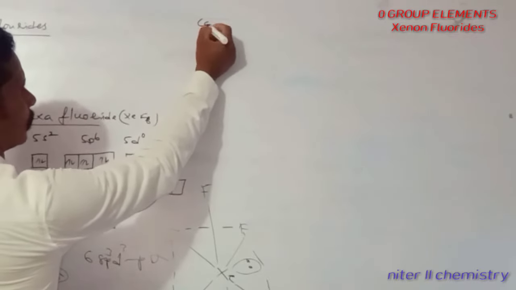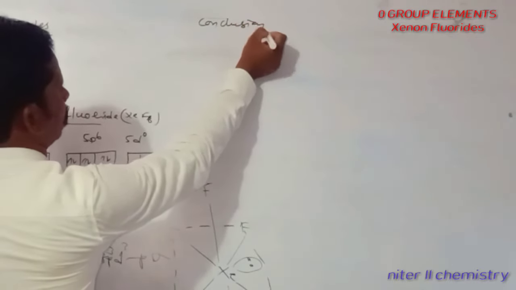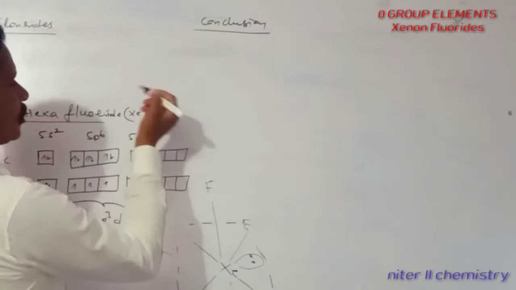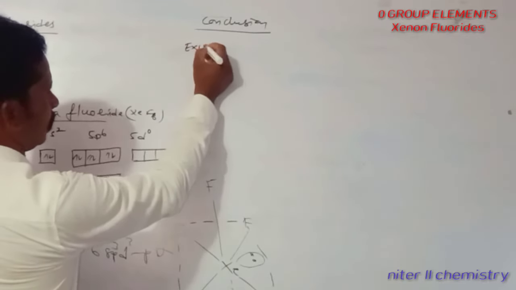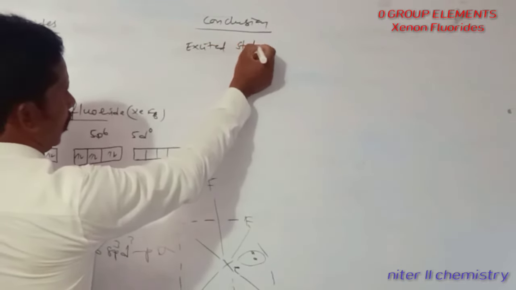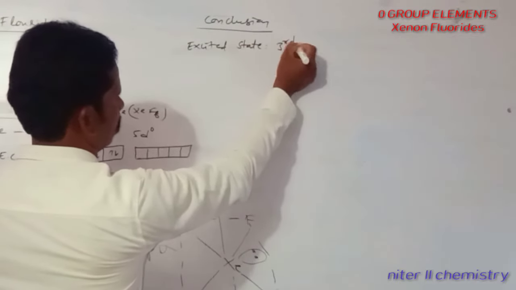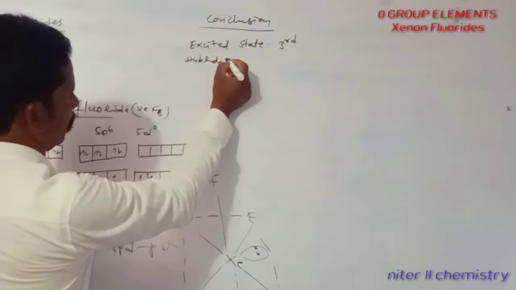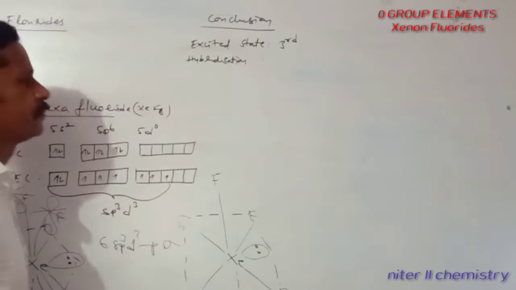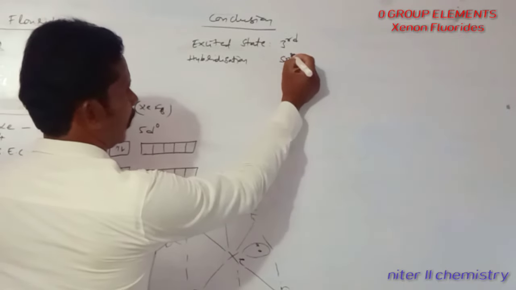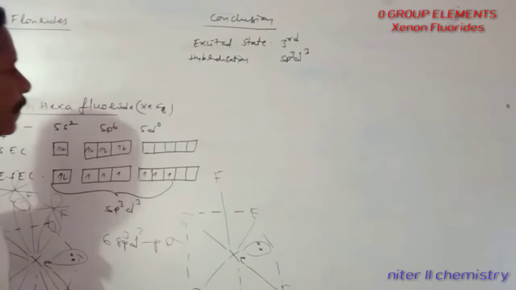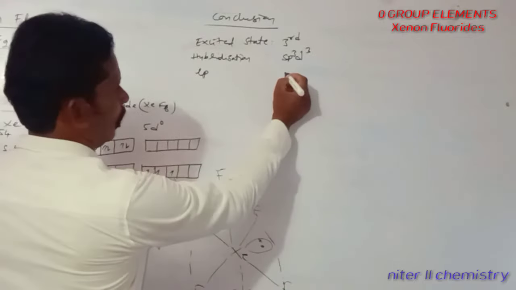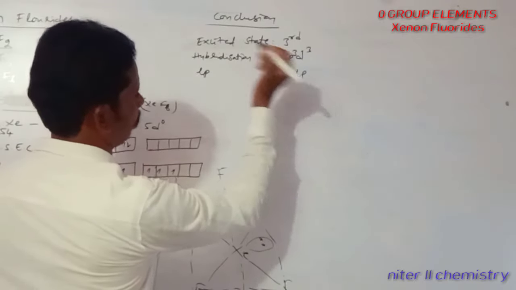Then what can we write as the conclusion here? Which excited state is it? The excited state is third. Hybridization is sp3d3. Then lone pairs: only one lone pair.